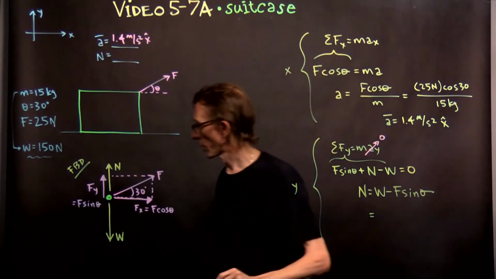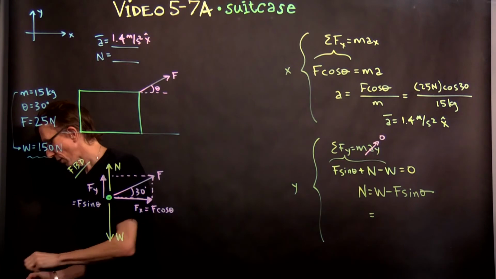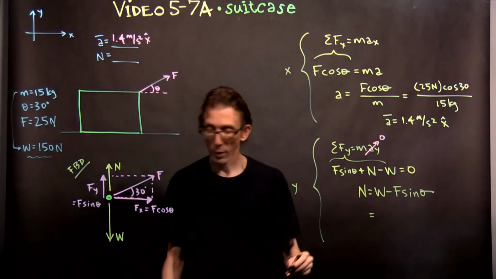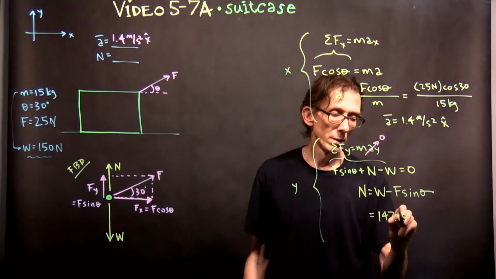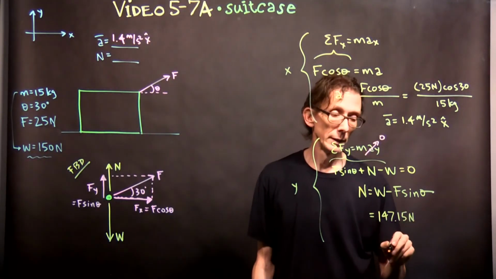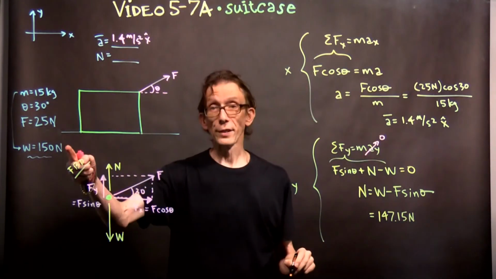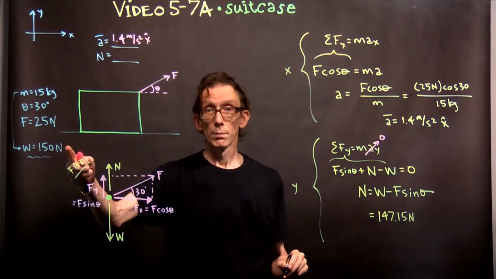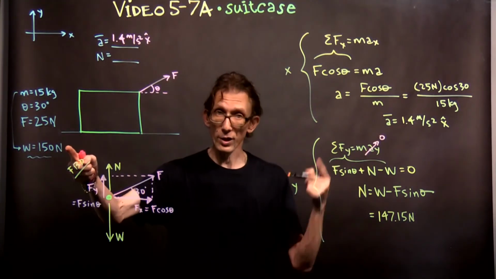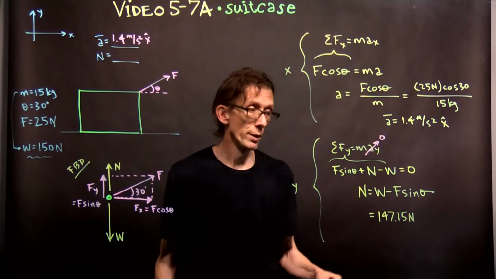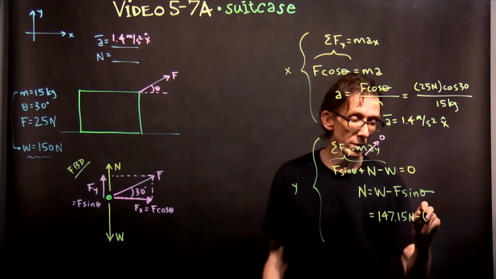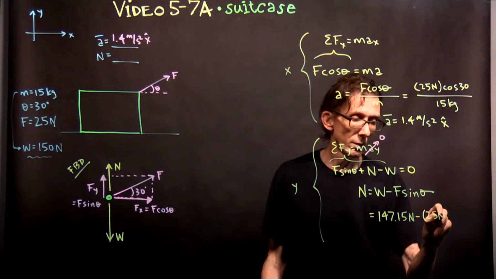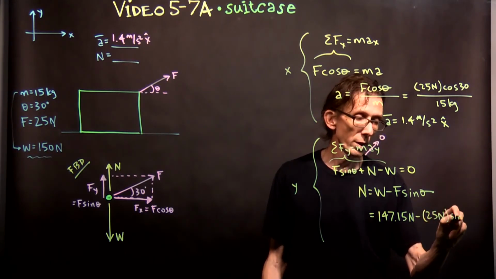The weight, if you use all the significant figures, is actually 147.15. I rounded it to 150 here, but you use all the significant figures until the end, so I went ahead and put all of them in there. Minus, what was the force? 25 newtons times sine of 30.